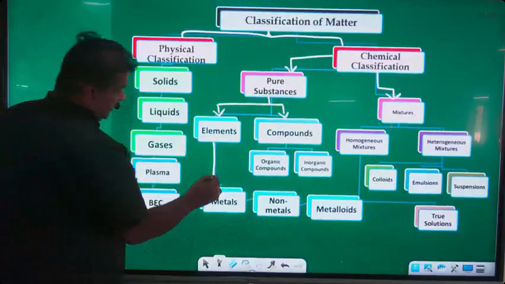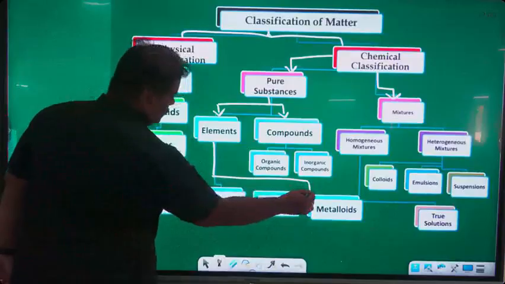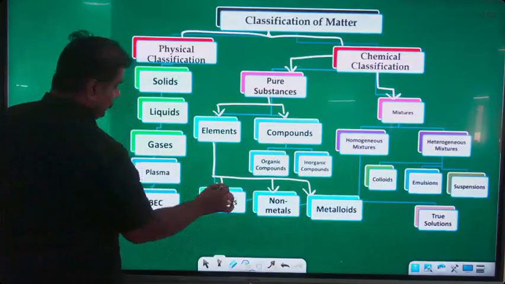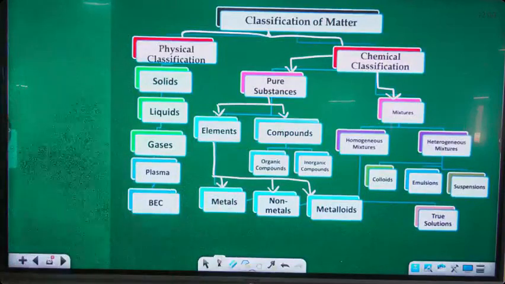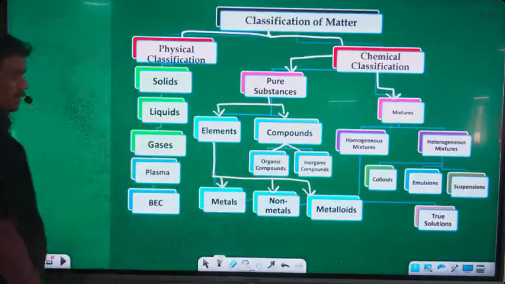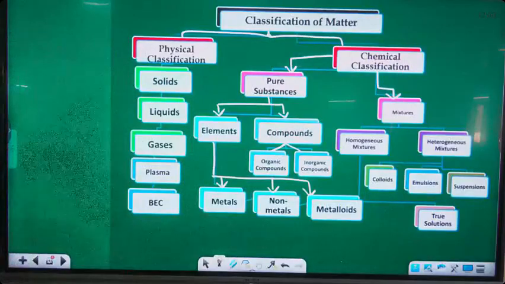These particular elements, again, you are classifying them into metalloids, non-metals as well as metals. Compounds, we have got two things, organic as well as inorganic compounds. Mixtures, you have got two types of mixtures.